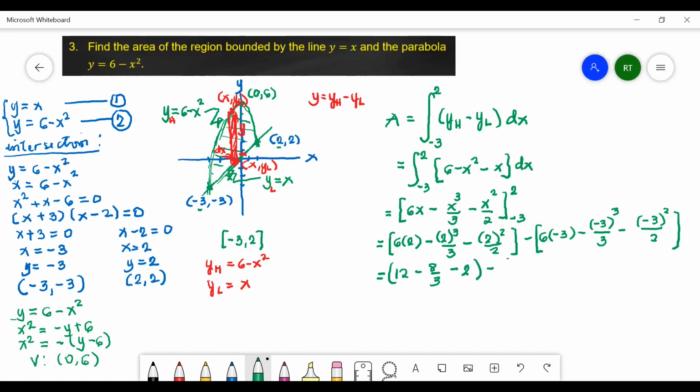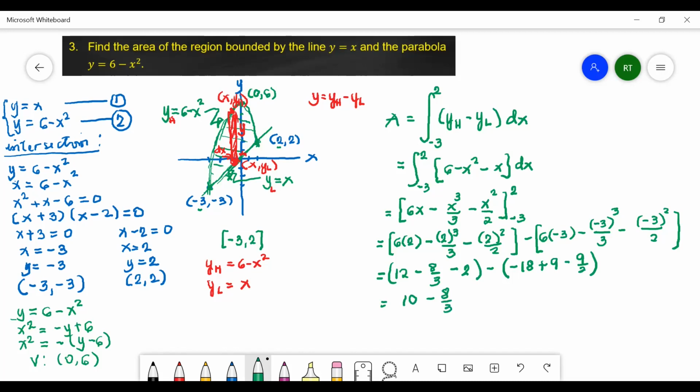Then minus quantity: 6 times negative 3 is negative 18. Negative 3 raised to the third power is negative 27 divided by 3, which gives us negative 9. Negative is positive, so plus 9, minus negative 3 squared, which is 9, so 9 over 2. Simplifying further, 12 minus 2 is 10, so that gives us 10 minus 8 over 3.